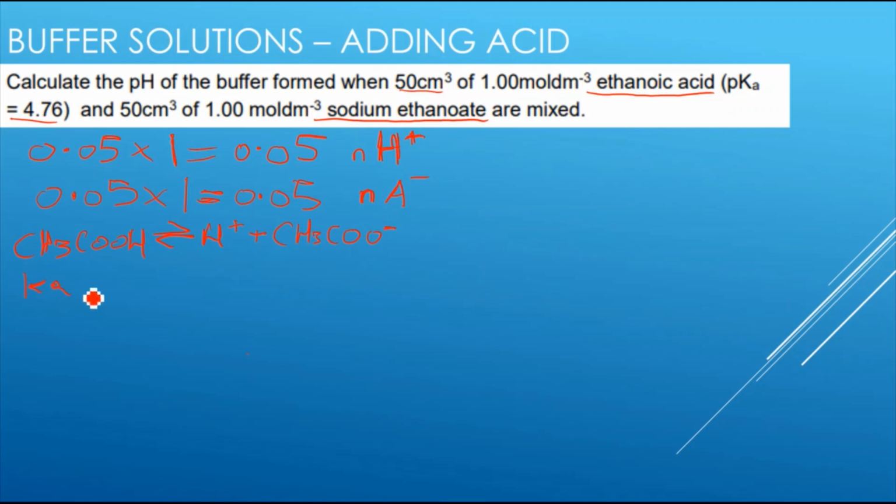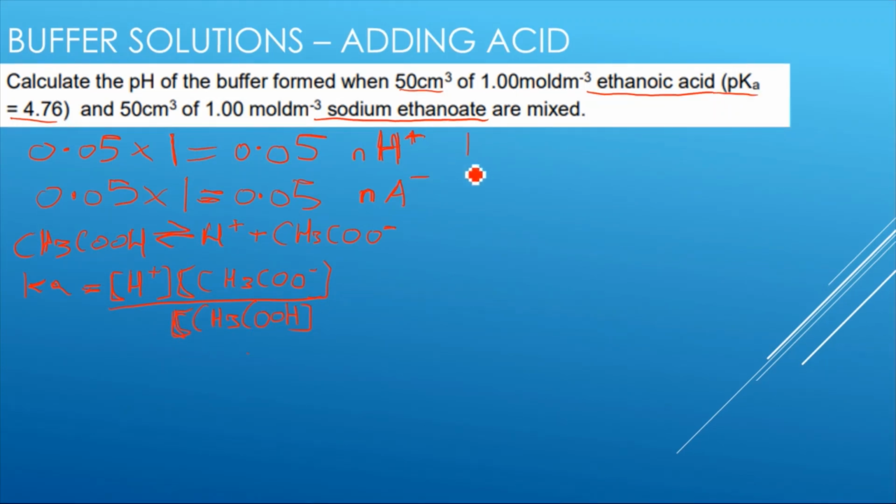So the Ka equation would be products over reactants, so that's H+ times CH3COO minus, over the reactant CH3COOH.